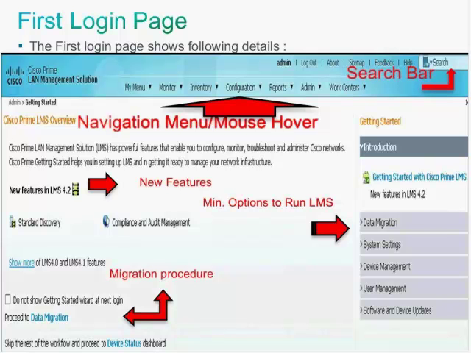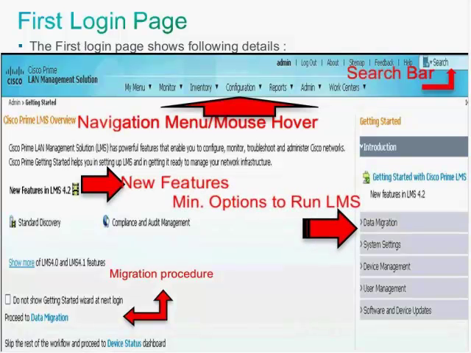So this is a universal search bar which is capable of searching any information from CiscoWorks, be it an IP address, be it a host name, be it an end host MAC address which is on your network, end host IP address, and it also supports wildcard characters so that you can search the other details.